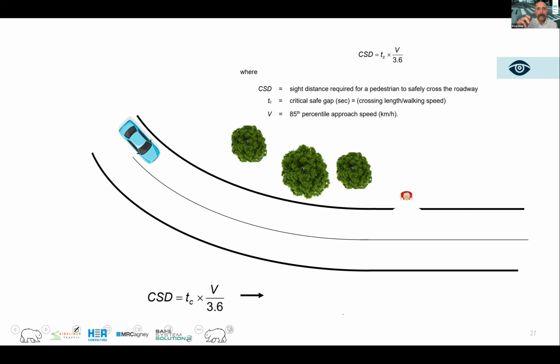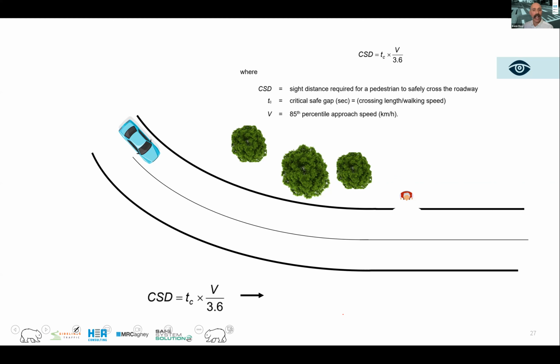Okay. This is a little other thing that I think reinforces why we want pedestrian priority and raised crossings. So crossing sight distance is another one. The theory of crossing sight distance is that pedestrian there, they don't have priority across this road, okay?